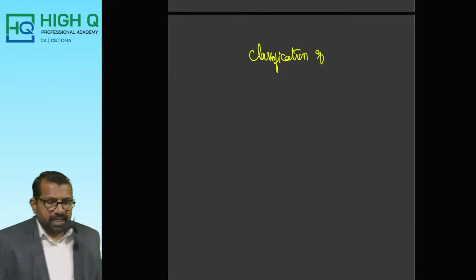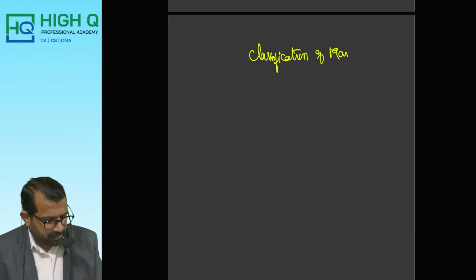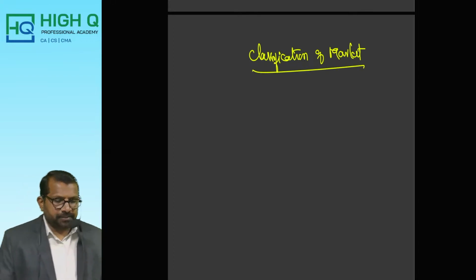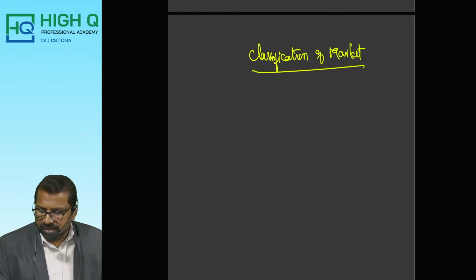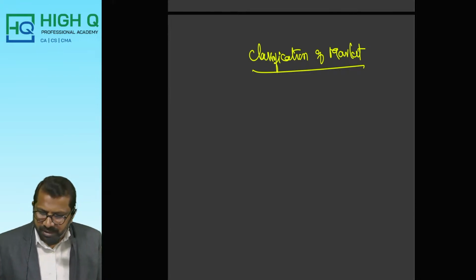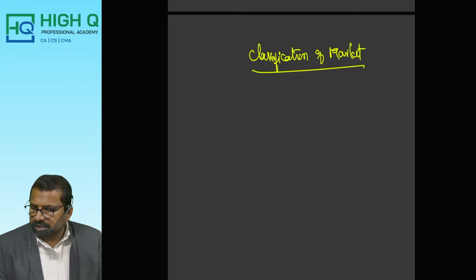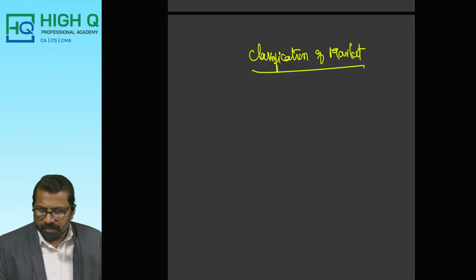And now, classification of market. There are various classifications of markets: perfect competition and imperfect competition, monopolistic competition and oligopoly.